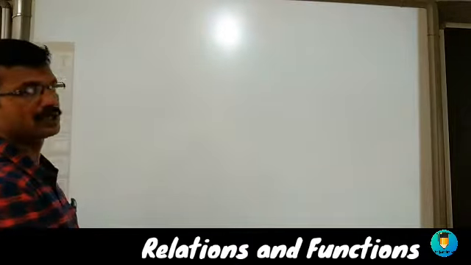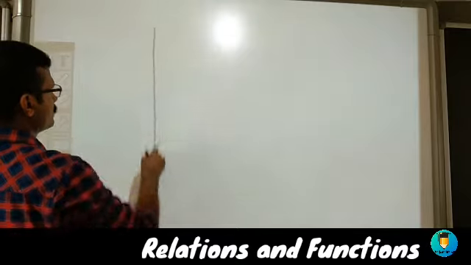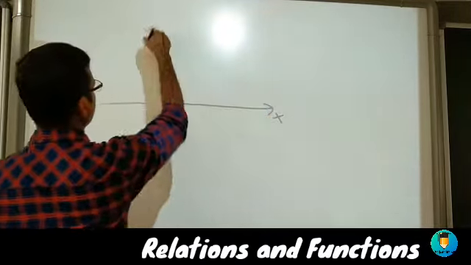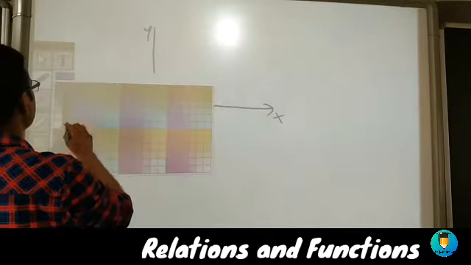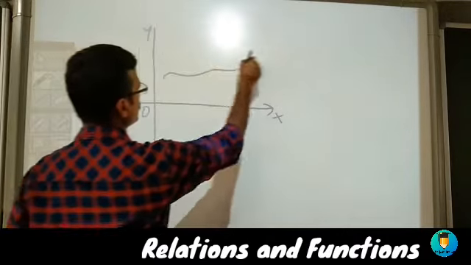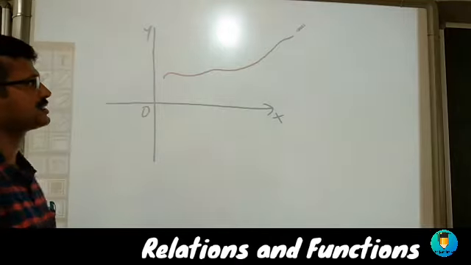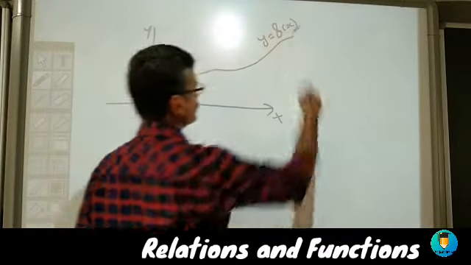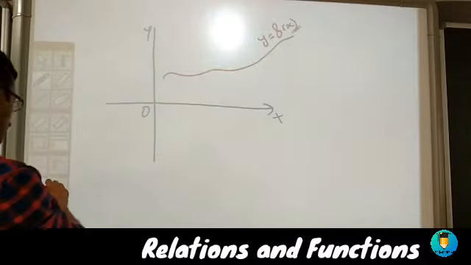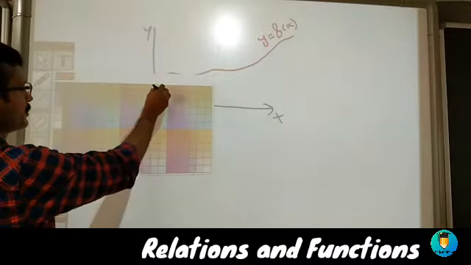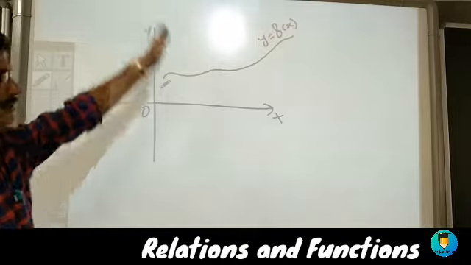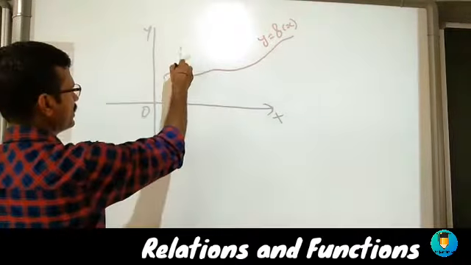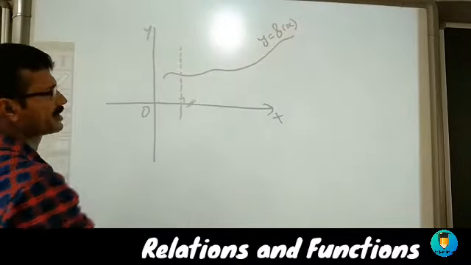Suppose an equation's graph is given, let it be the graph of the equation y is equal to f(x). What you have to do is draw a line perpendicular to the x-axis anywhere so that it will intersect the graph. Like this vertical line.